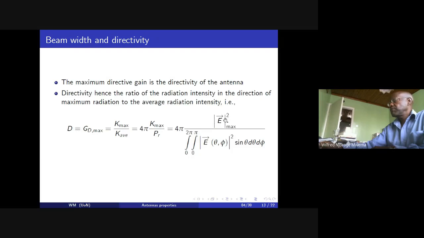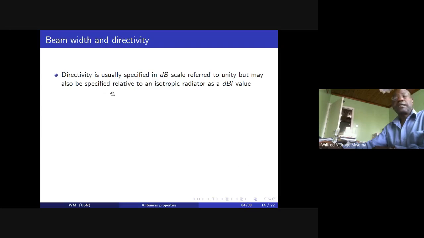It is going to be given by the magnitude of the maximum electric field squared divided by the integral over the solid angle, which we have now defined in the theta direction and in the phi direction, and that will be given by sine theta d theta d phi.